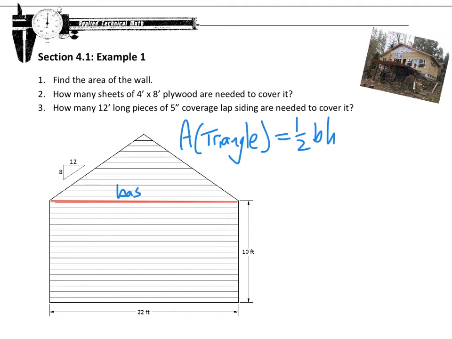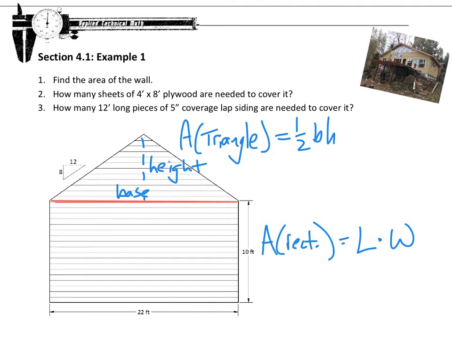The base is this side and the height would be the perpendicular distance from the top of the triangle to the base. All right, so the base has to be one side of the triangle. Great. And a rectangle, we're familiar with that. The area of a rectangle is length times width.